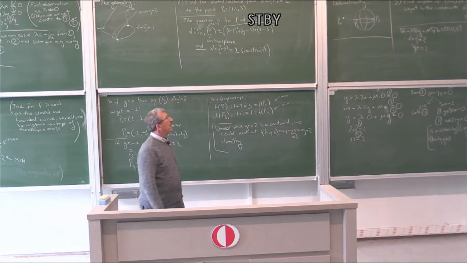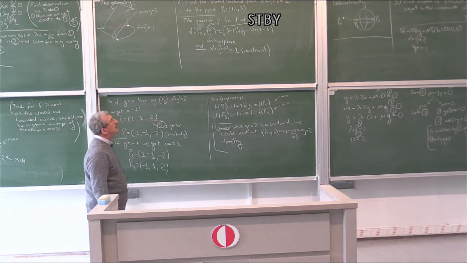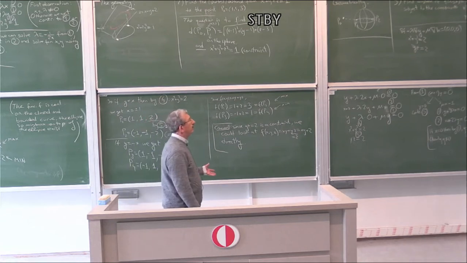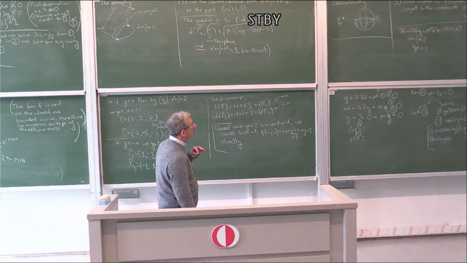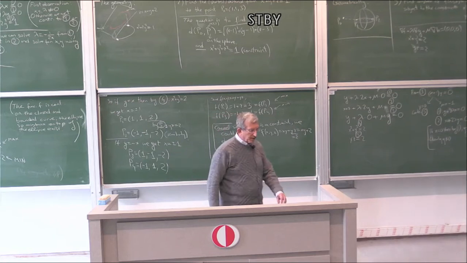And the last one, yz is 2, says that if y is bounded, z cannot be too large. Can y be 0, for example? Well, we check that it's not possible because we get a contradiction from the conditions.